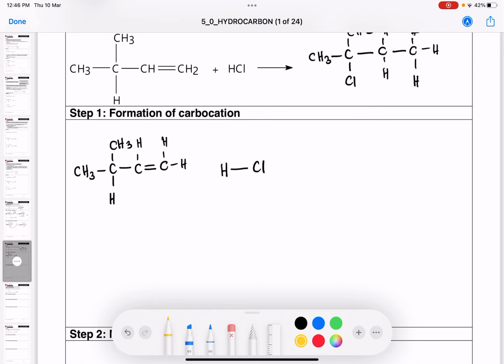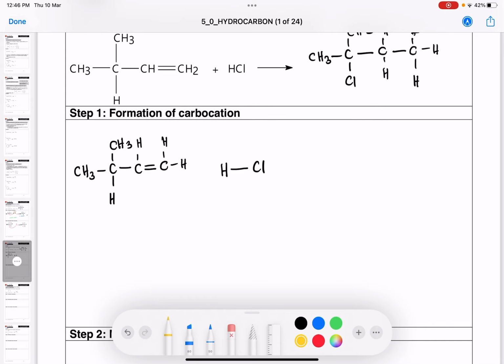So what will actually happen? At first, this bond is going to undergo heterolytic cleavage, where both of the electrons will be given to chlorine. In this process, a chloride ion will be formed. And our H here is actually becoming a hydrogen ion.